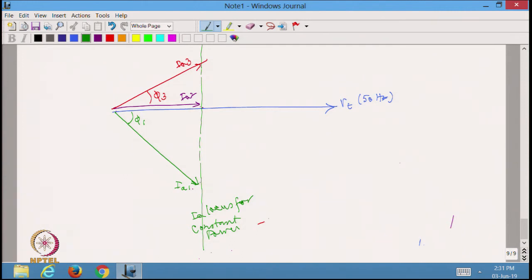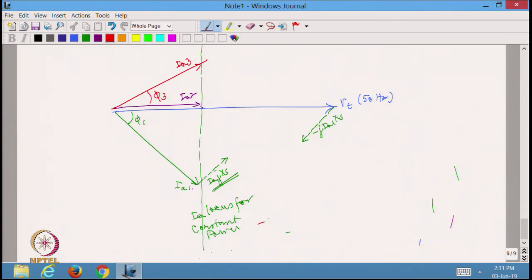If I have to draw the drop for IA1, it is going to be IA times jXS corresponding to this IA1 here. If I subtract this quantity from Vt, which I have to draw like this, actually parallel to this, this is minus jIA1 XS.